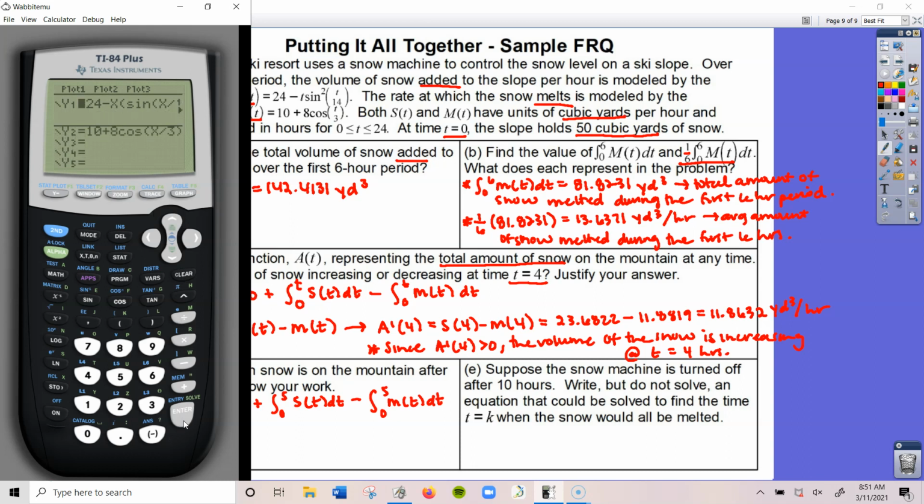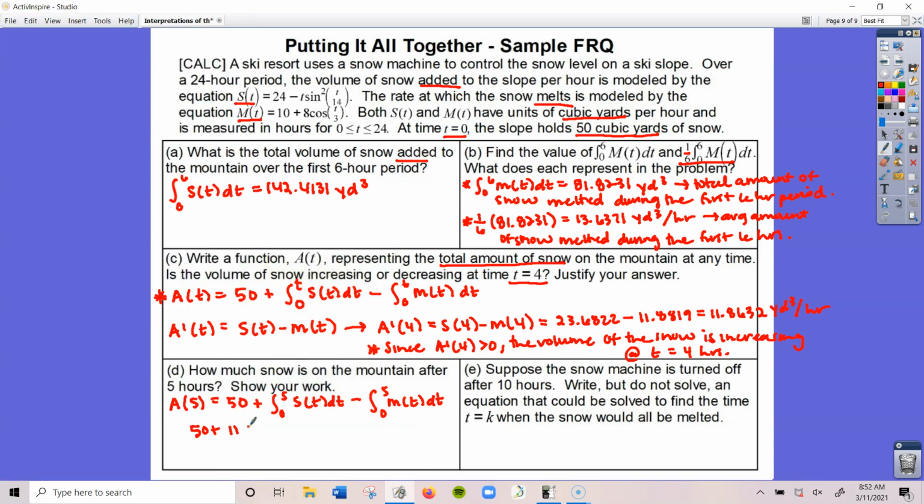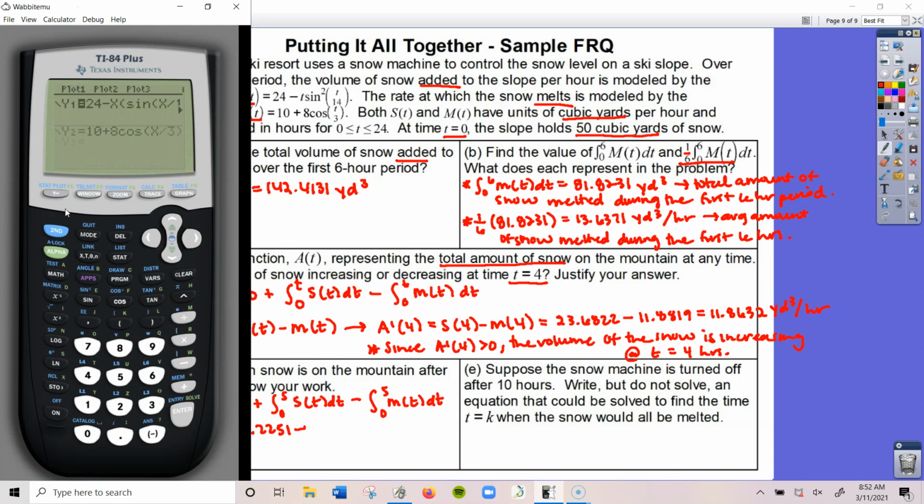I'm starting with my s of t. So second calc, my integral from 0 to 5, which is 119.2251. Minus, now I've got to graph my other function again. And do the same thing.